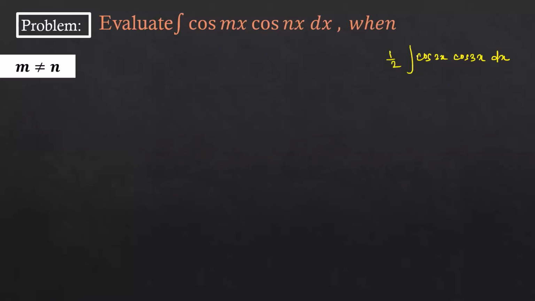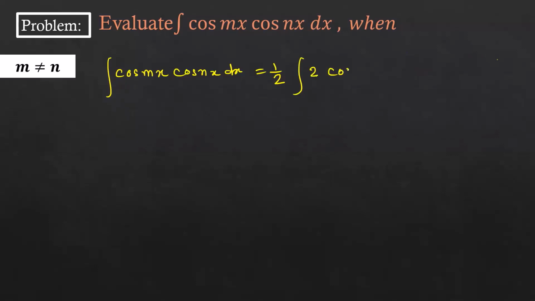If you take half into 2, there is no direct formula for cos 2x cos 3x, so you have to convert it using the cos A cos B formula, that means cos of A plus B plus cos of A minus B. So integrate cos of mx into cos of nx dx, and you take the product by half and 2 inside.